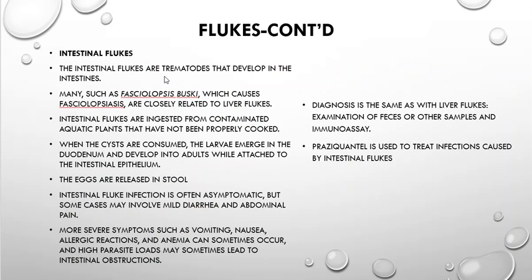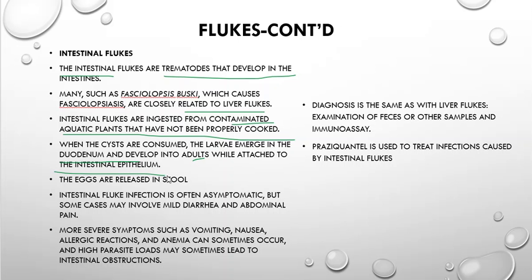Intestinal flukes, trematodes that develop in the intestines. Fasciolopsis buski causes fasciolopsiasis, closely related to liver flukes. Intestinal flukes come from contaminated aquatic plants that have not been properly cooked. When the cysts are consumed, the larvae emerge in the duodenum and develop into adults.